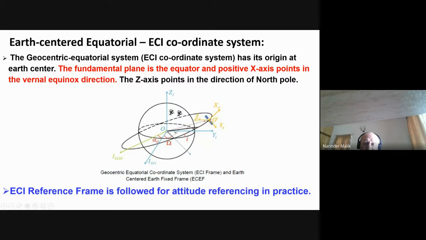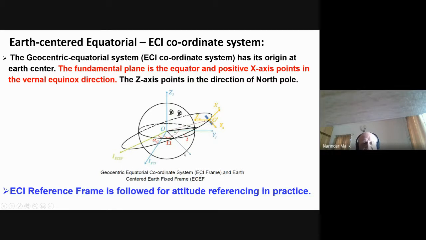The z-axis here is perpendicular to the equatorial plane, that is along the north-south axis of the Earth. The y-axis completes the third direction. So this is called the ECI frame, the geocentric equatorial coordinate system.